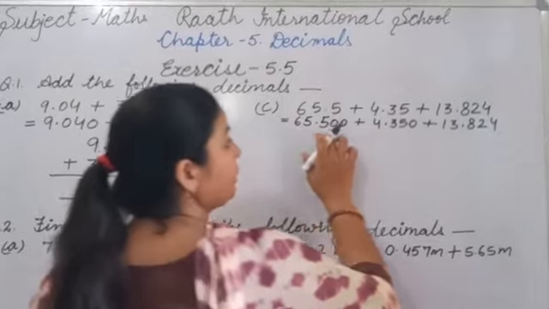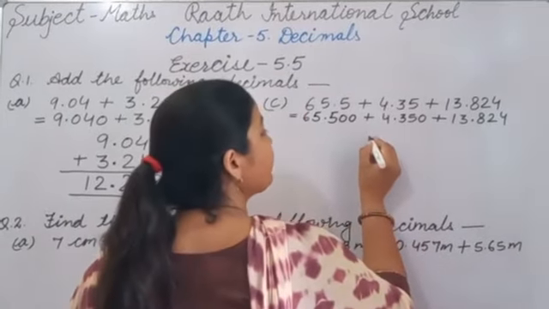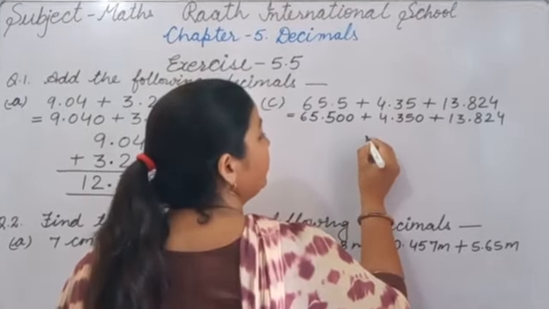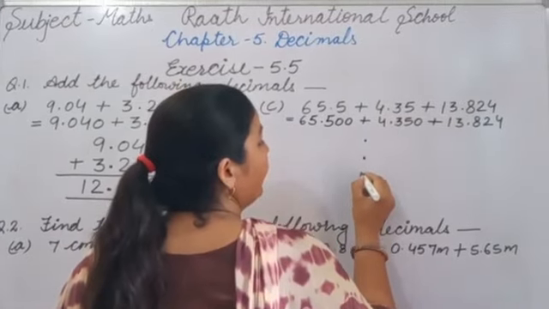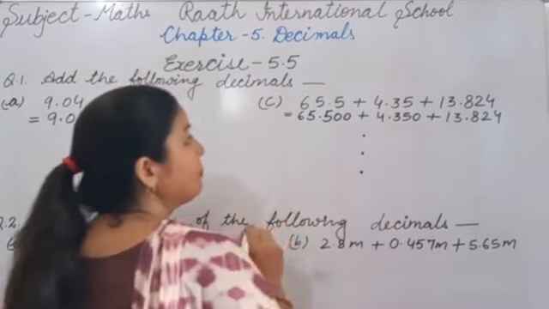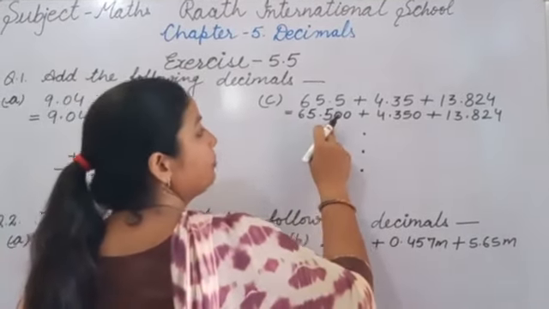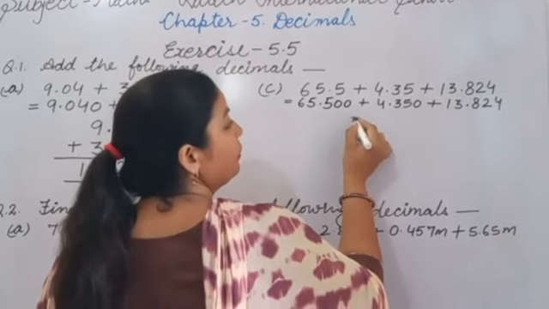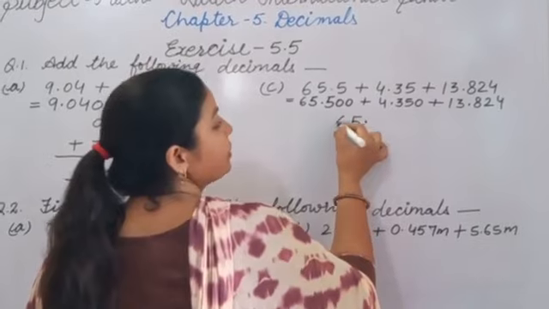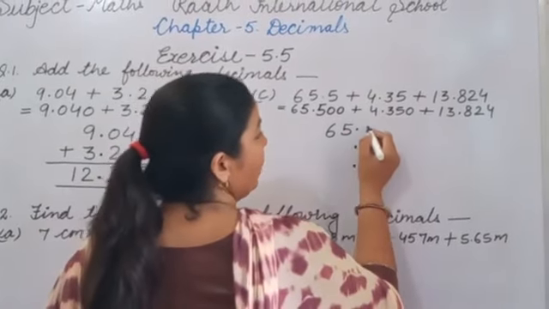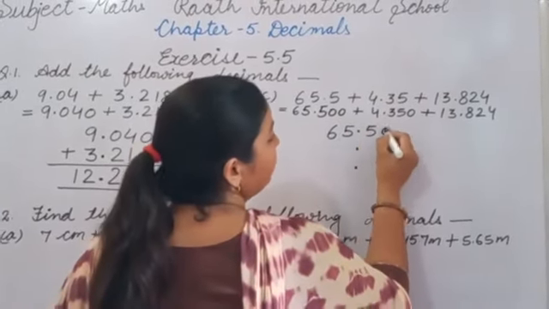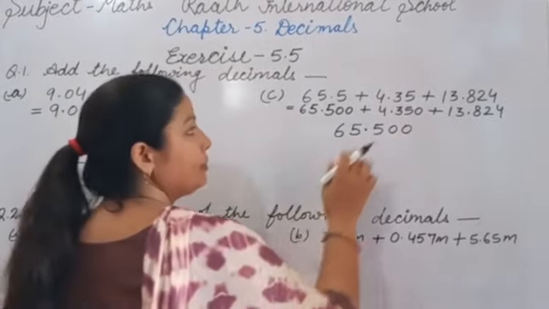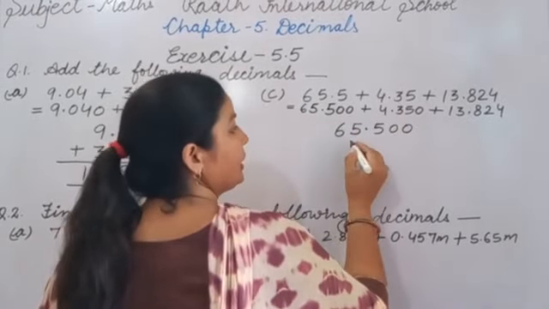Now we should put them up and down. So there are 3 numbers: 1, 2, 3. So 3 times decimal we will take here: 1, 2 and 3. Now first number 65.500. Before decimal we have ones column 5, tens column 6, and there is 500. Now second number we have only ones column, that is 4.